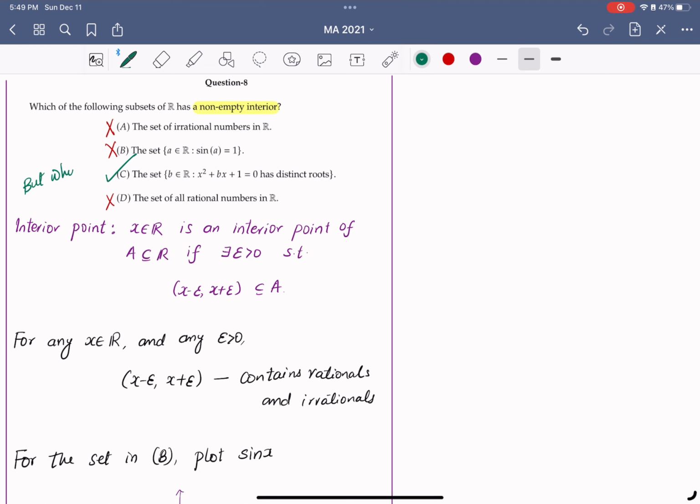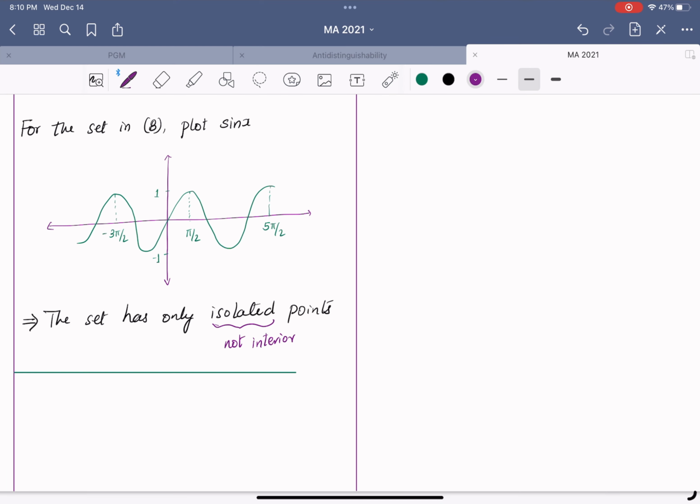But if you are wondering why C should be the correct answer, here's a quick proof of this fact. We first recall a basic formula from the theory of quadratic equations. Consider a quadratic equation ax squared plus bx plus c equal to 0, where a, b, c are real numbers. Now this quadratic equation has distinct real roots if and only if b squared minus 4ac is greater than 0.